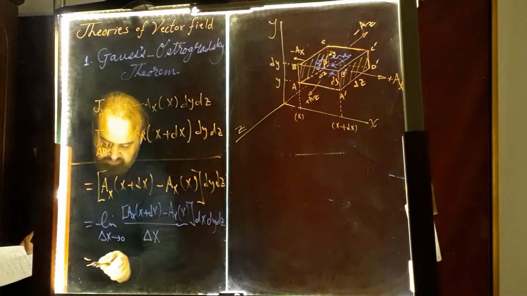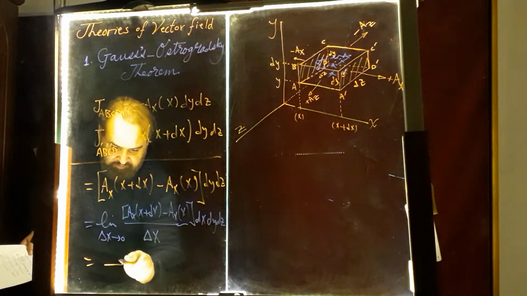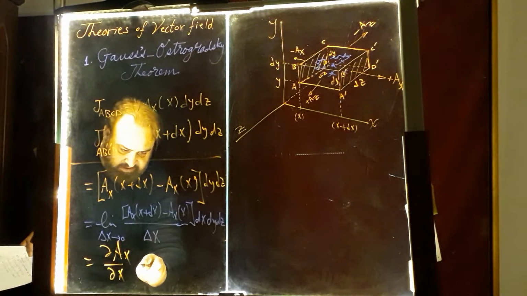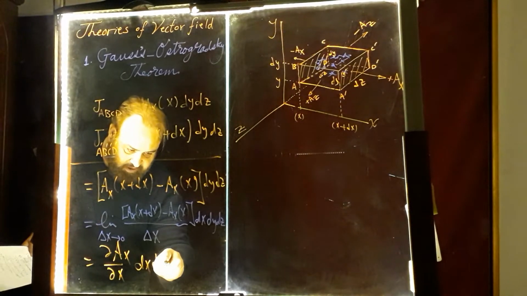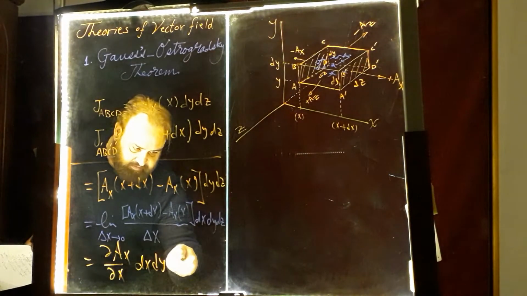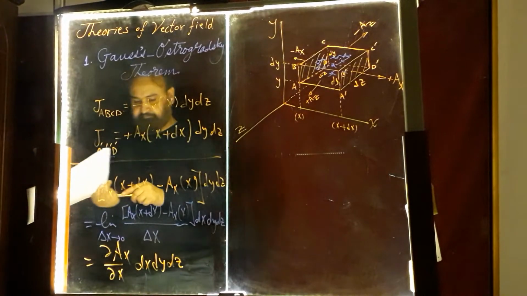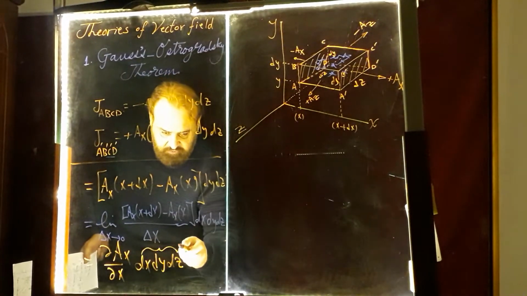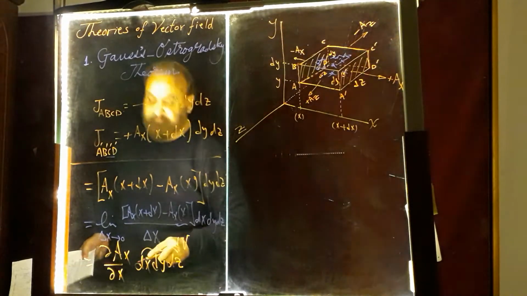And this is equal to the partial A sub x over partial x dx dy dz. This is equal to the volume dV.